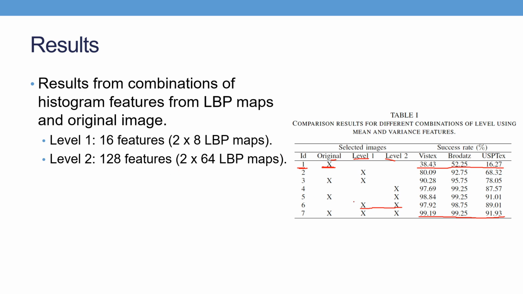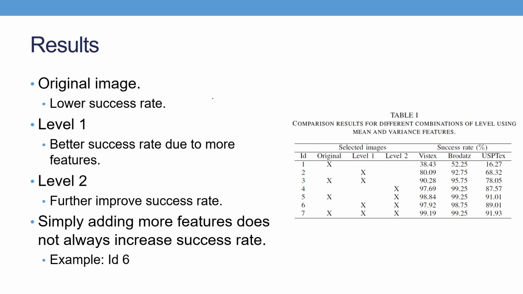At level 2 here we have 128 features. Here in level 1 we have 16. The original image has the lowest success rate. Level 1 has a better success rate and more features. At level 2 we improve this success rate.